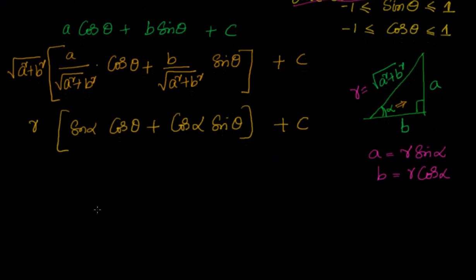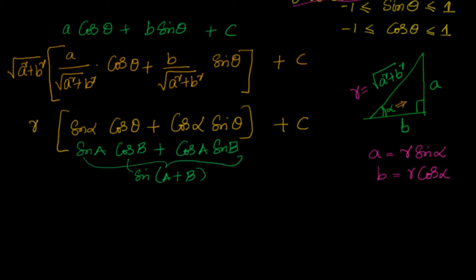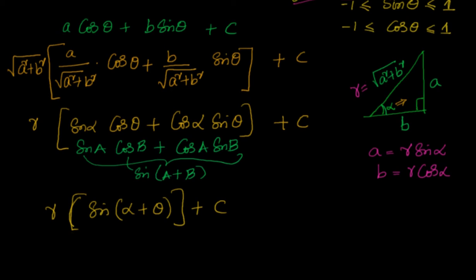Even if we don't have it, it's okay. Now this is of the form sin a cos b plus cos a sin b, and you can see that very clearly. I can write this whole thing as sin of a plus b. So my next step will be r sin of alpha plus theta plus c, which is the expression for which we have to find the maximum and minimum values.